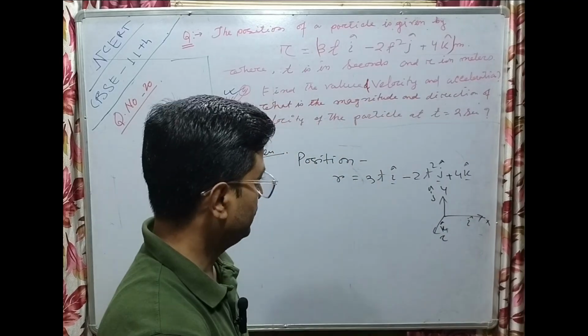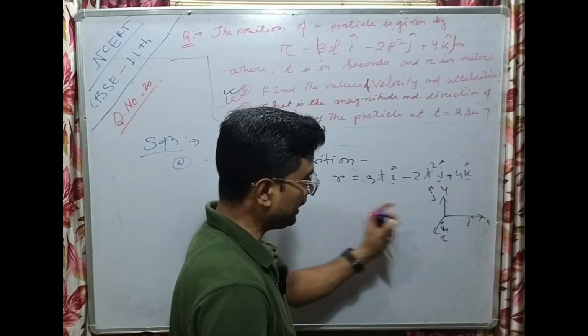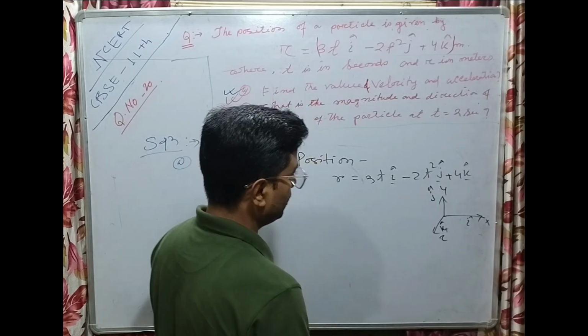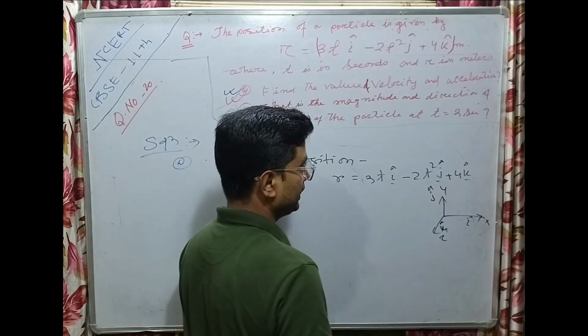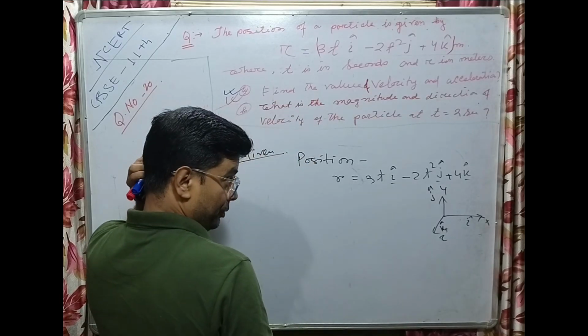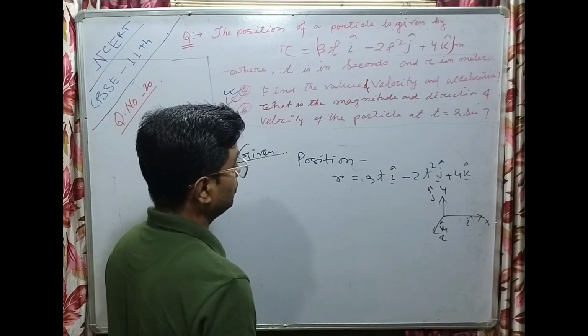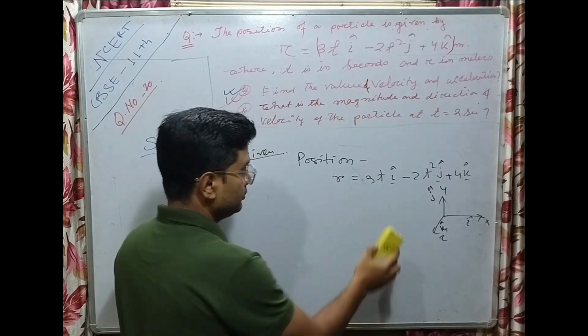Okay. I just gave an idea of where i cap, j cap and k cap come from. It will be calculated in calculus when you find the magnitude and direction. Okay.